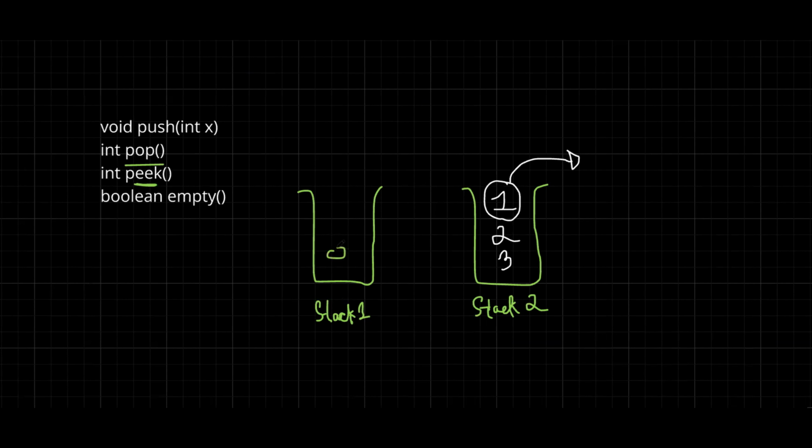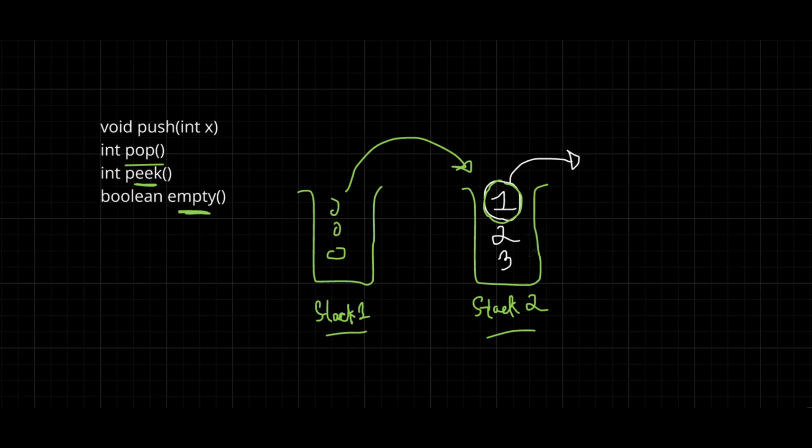We have to shift all of the elements of stack 1 into stack 2, and return the top element of stack 2, which is 1. Now, for the empty method, we have to check whether stack 1 and stack 2 are empty or not. If both of them are empty, we simply return true. Otherwise, we simply return false.